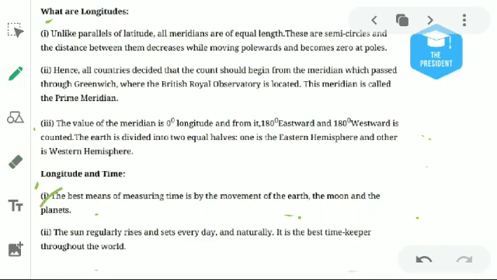In ancient times, when there was no time schedule and no wristwatch, people used the movement of the moon and the sun to determine the time. But in these times we have many scientific methods to tell the time.